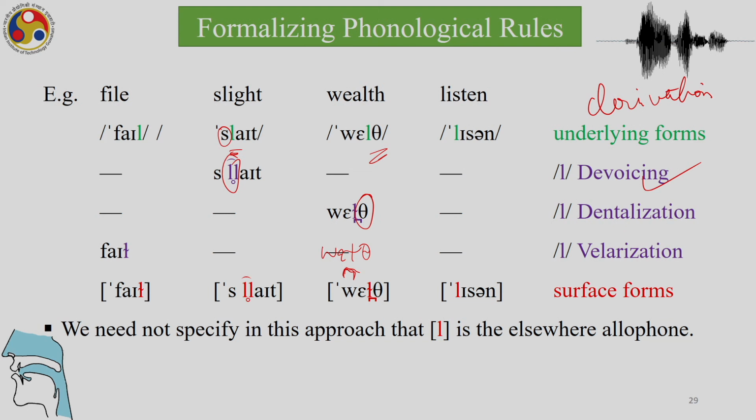And we do not need to specify in this approach that l is the elsewhere allophone. So, we see that this is the derivation, and these three rules are applying, and as a result from the underlying forms, we get the surface forms.